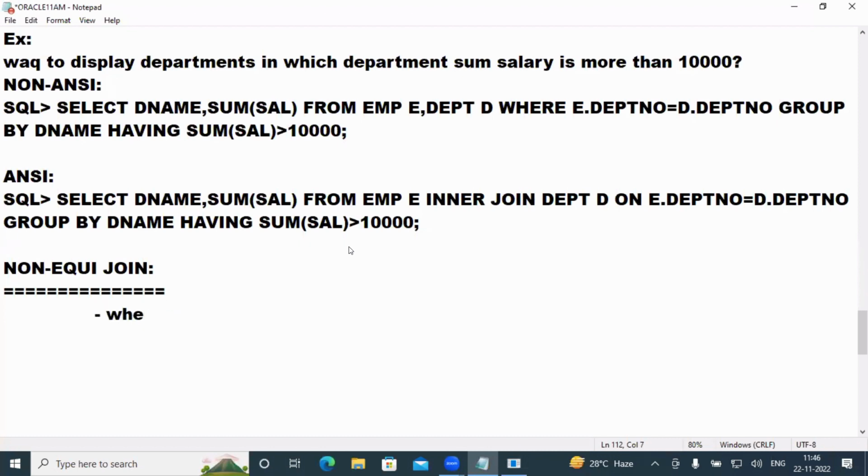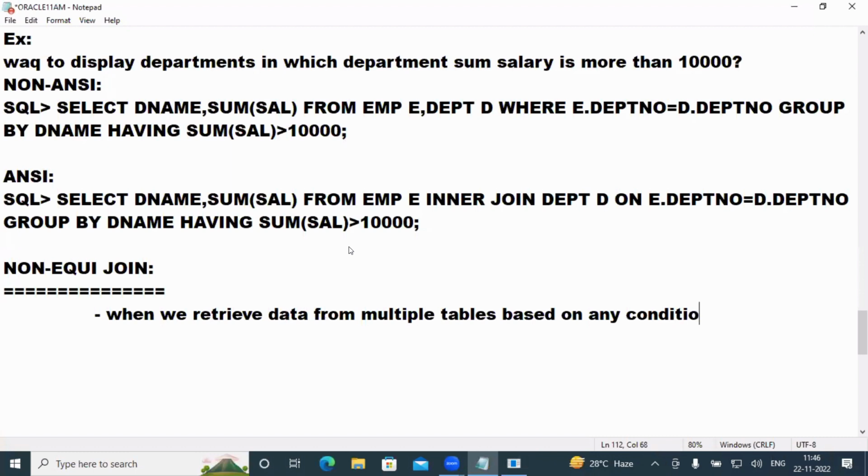Okay, so when we retrieve data from multiple tables based on any operator condition except an equal operator, you can use any operators on these two tables of data.